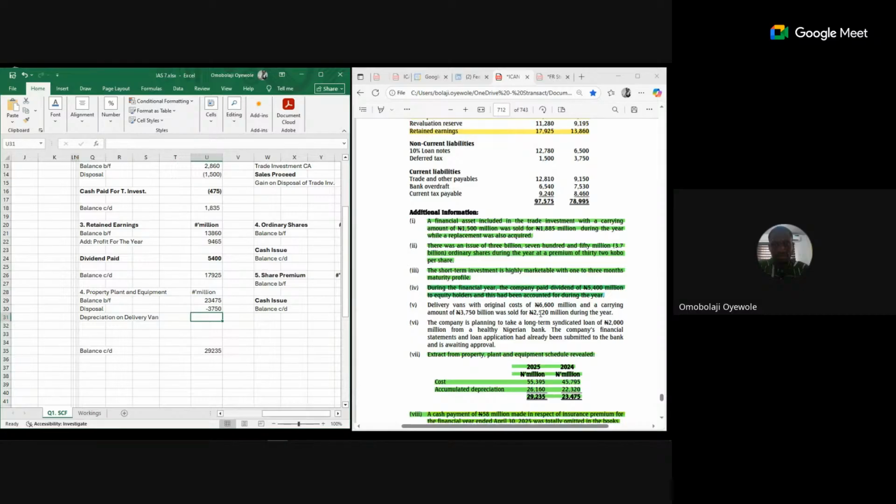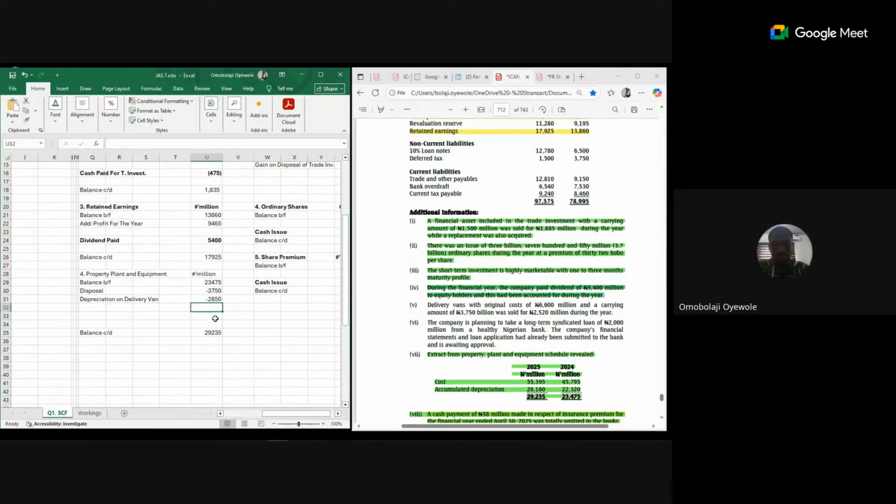Cost minus depreciation. So if the carrying amount is 3,750,000, it means the delivery van has been depreciated by a certain amount. The amount by which it was depreciated is 2,850,000. Did you get it now?